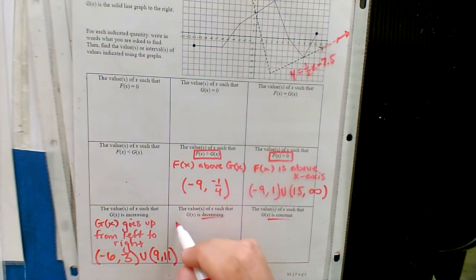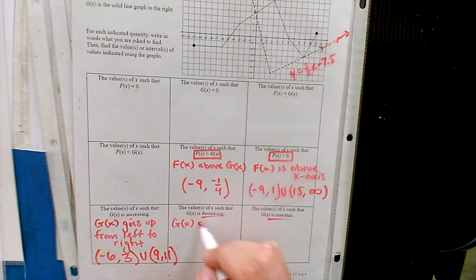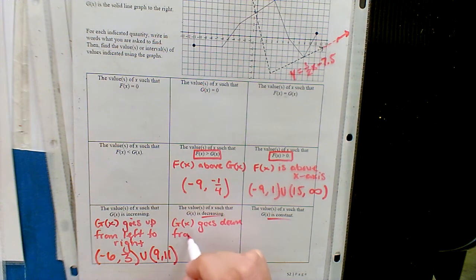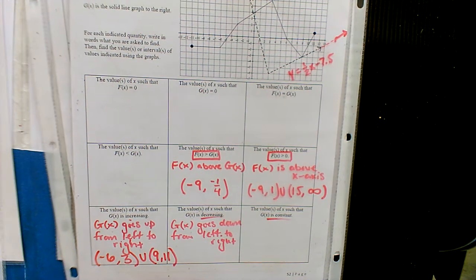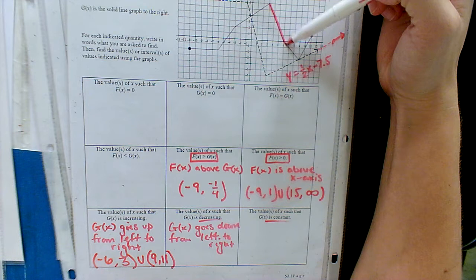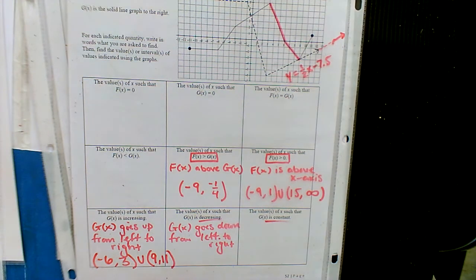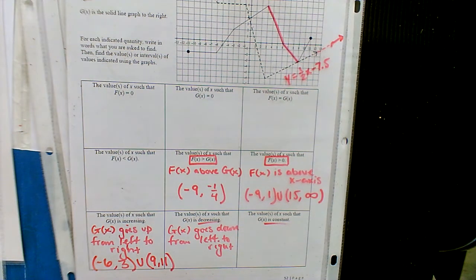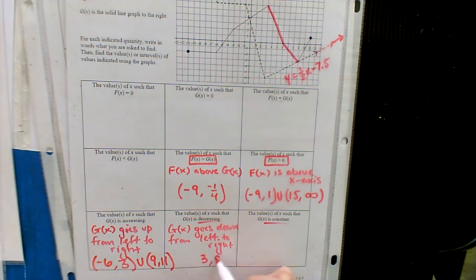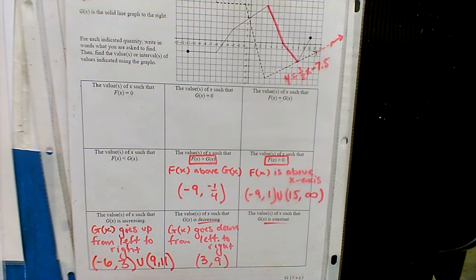G of x is decreasing, so we can say g of x goes down from left to right. So it looks like we have that section. And we go from 3 to 9, parenthesis, parenthesis.